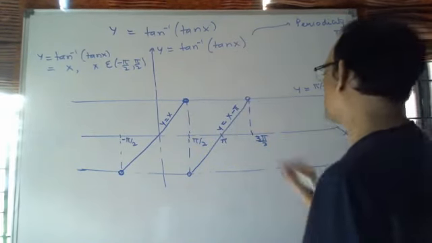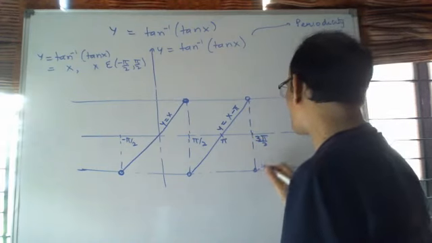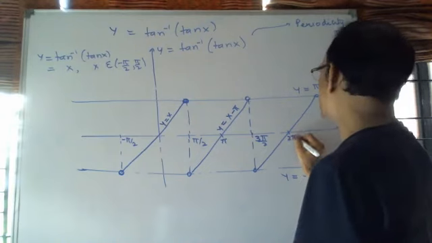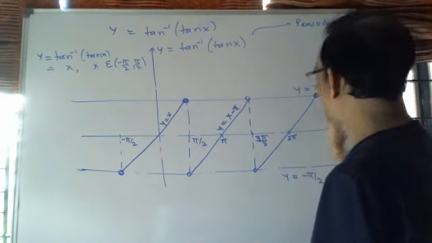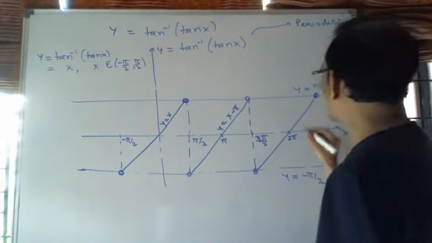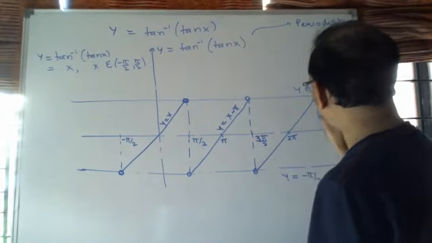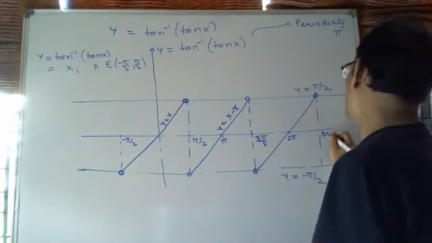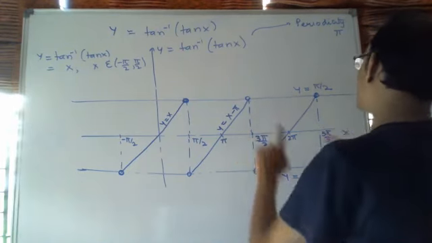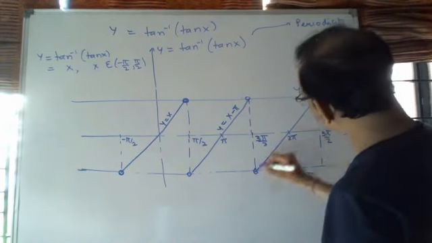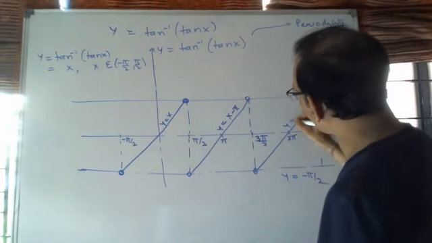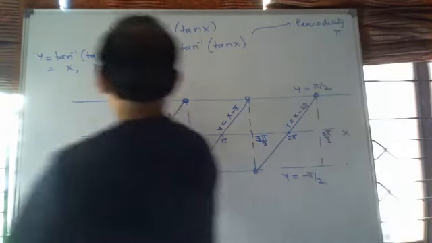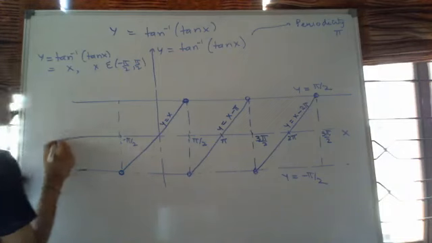Then it will look like this, and at 2 pi it will again be 0, and there are kinks here and here. And this will be again 5 pi by 2, adding another pi units. And this is parallel to y equal to x, so it will be y equal to x minus 2 pi, because y is 0 at x equal to 2 pi. Same kind of thing gets repeated.